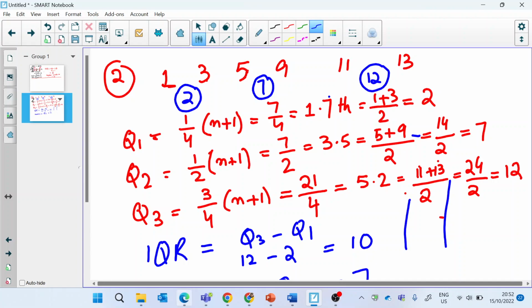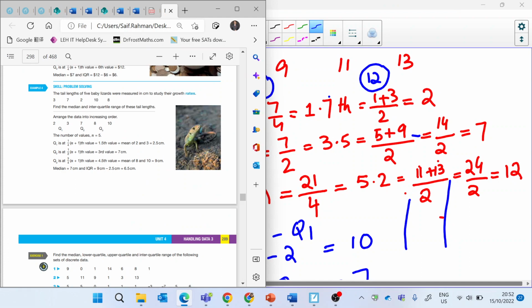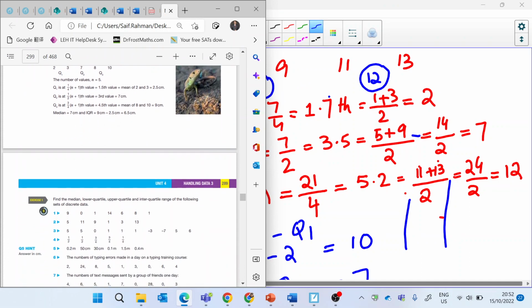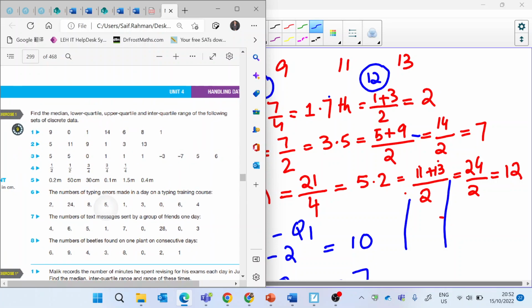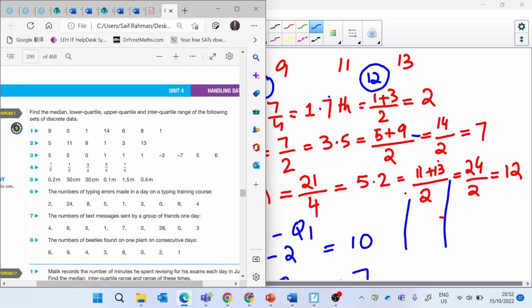So here we finish question number 2, and we go to question number 3. In question number 3, the numbers are from -7 to the highest number, 6. We have to solve question number 3 with the same procedure.